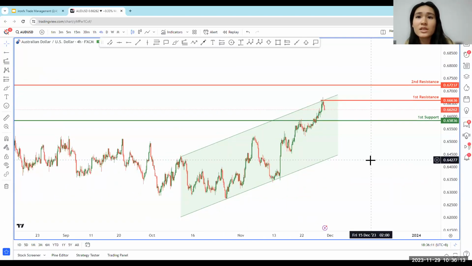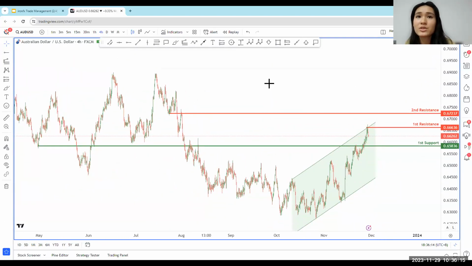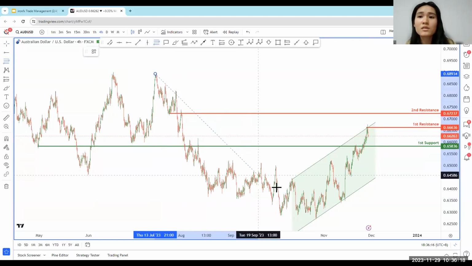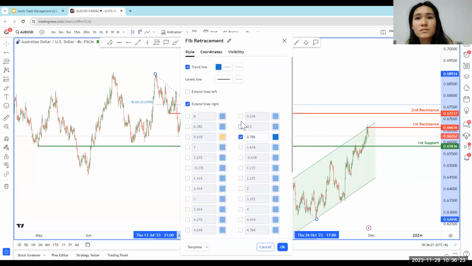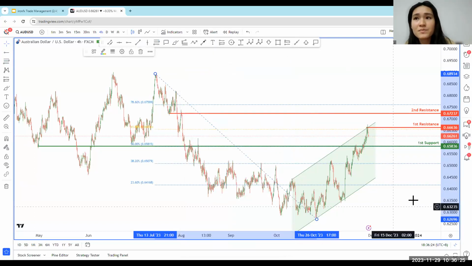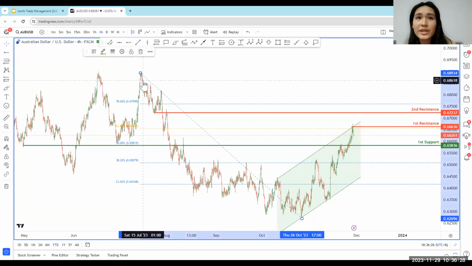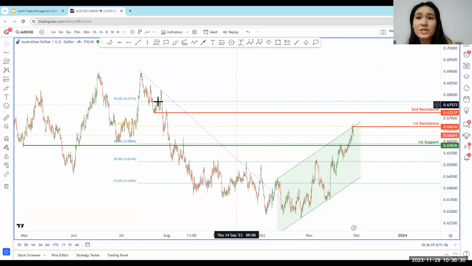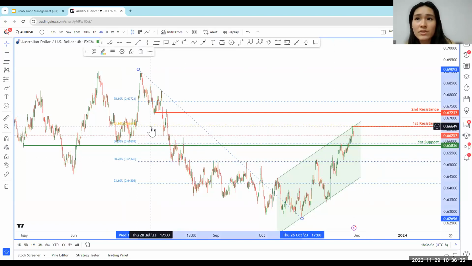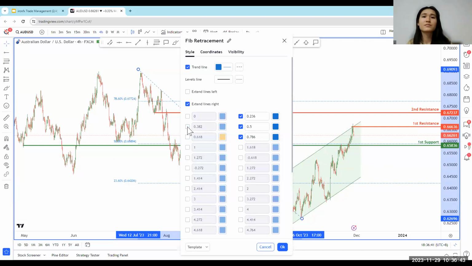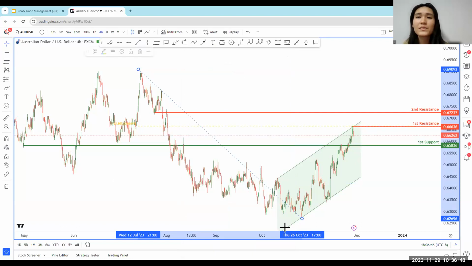Now let's go in with our Fibonacci levels again. Here I'm looking for a retracement. I see my 61.8 lining up with my first resistance. Remember, even though this 50% lines up, it's no longer valid because price has already broken out of it.